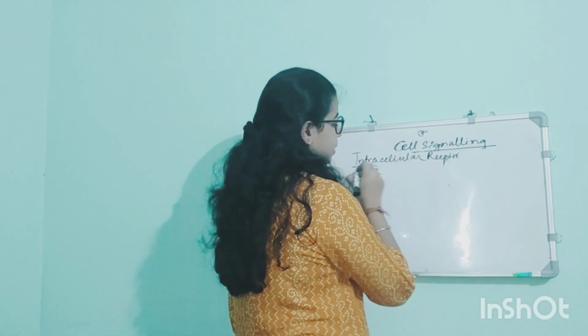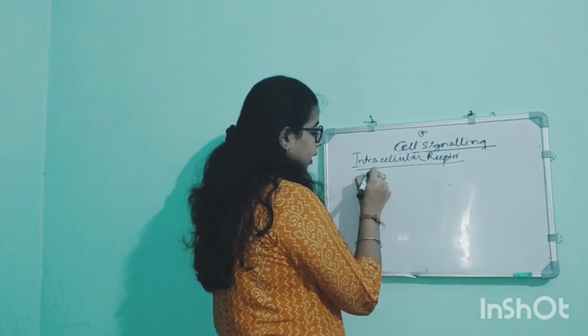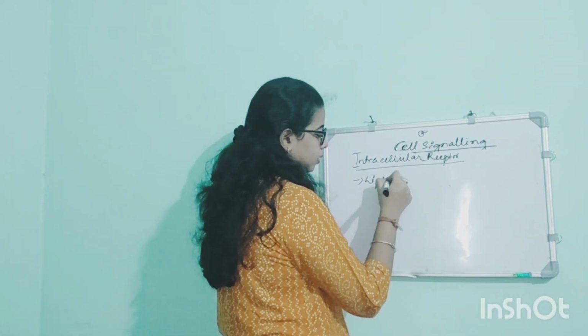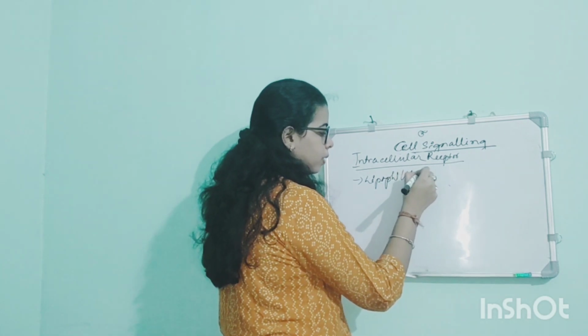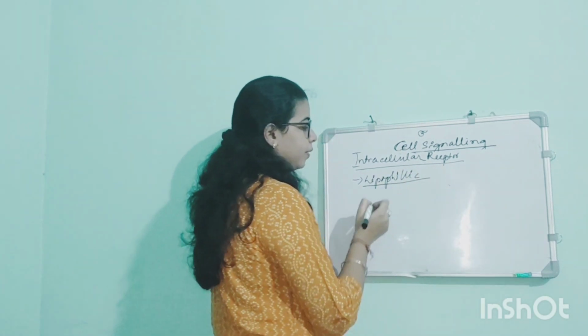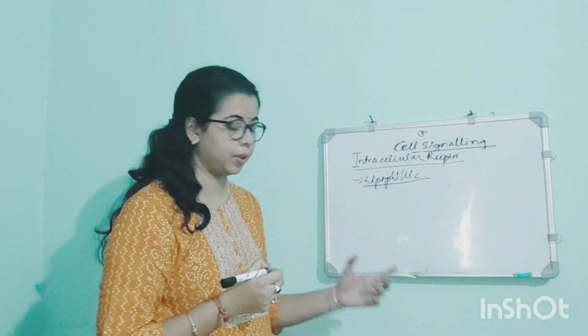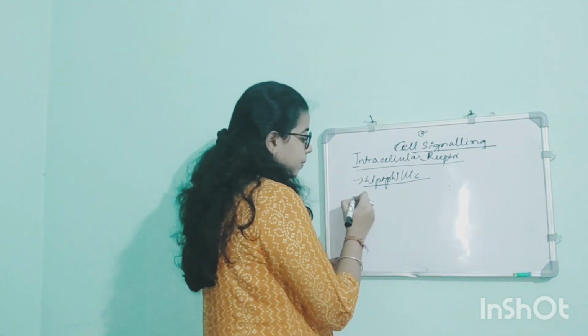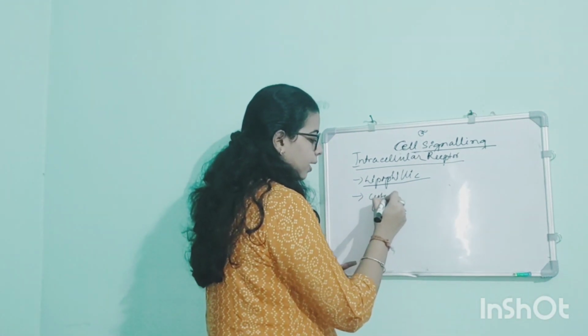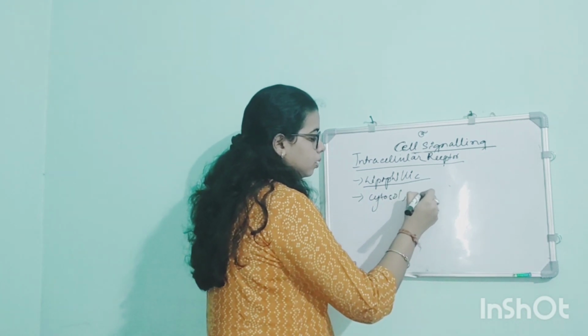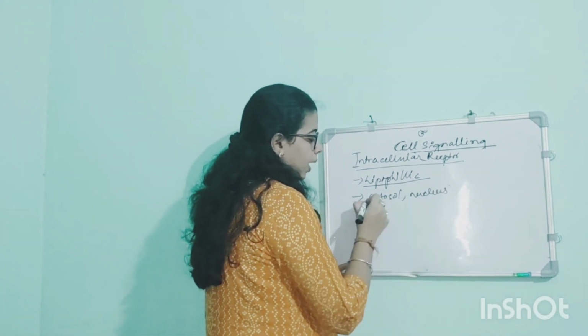All those signals which are lipophilic in nature, as I have already discussed, will have the intracellular receptor, and the receptors will be present either in the cytosol or in the nucleus.